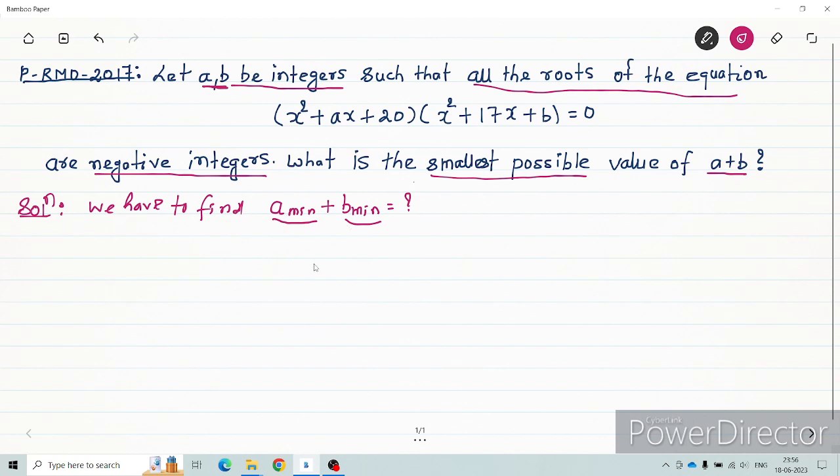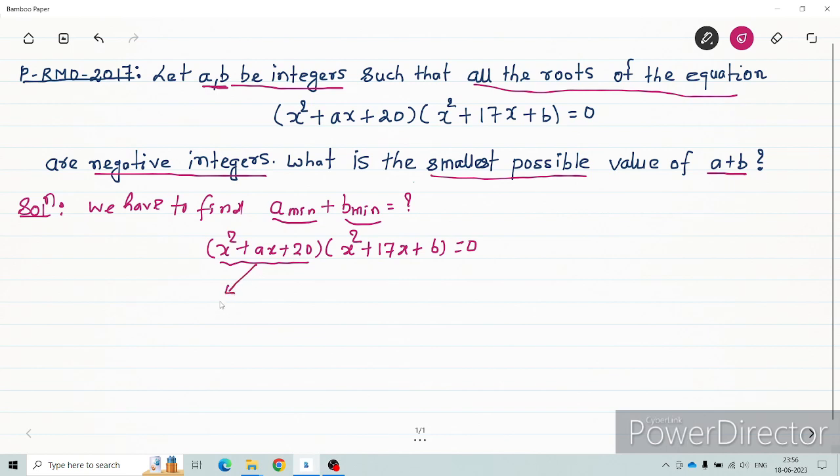Okay, so let us write the equation. The given equation is x² + ax + 20, a quadratic equation, multiplied by another quadratic equation, x² + 17x + b, equal to 0. This first quadratic equation will have two roots.